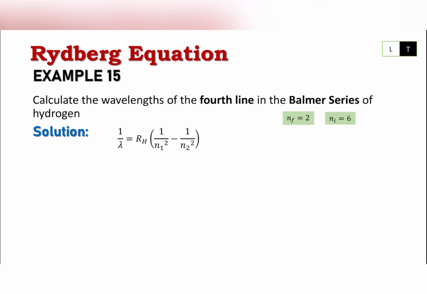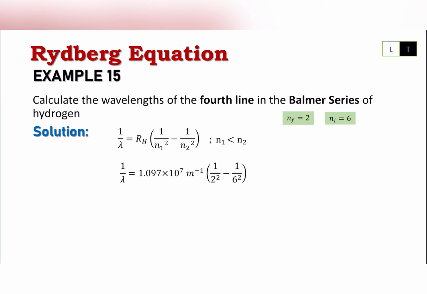Now I have this formula where I'm going to make sure the value for N1 must be less than N2. So between 2 and 6, which one is going to be N1 in this formula? It must be 2 because 2 is less than 6. So I put the values into the formula and rearrange.